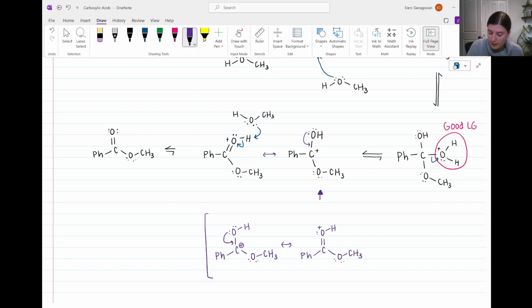Now the OCH3 group, the methoxy group, could also donate its electrons instead of the OH. So we can show that pi bond breaking and a new pi bond forming. And this is another important resonance structure, where again we have all closed shell atoms.